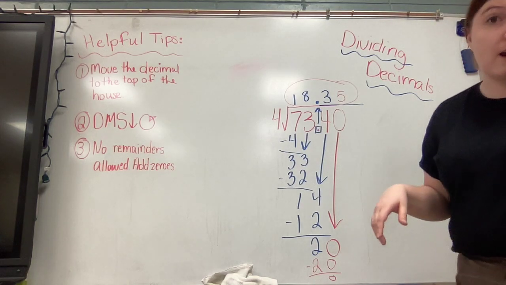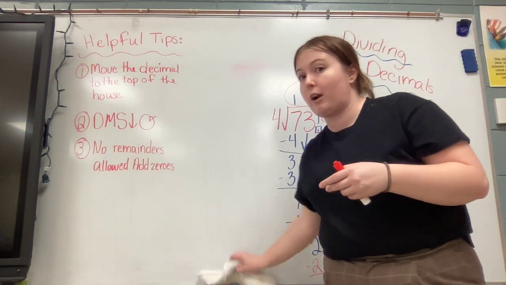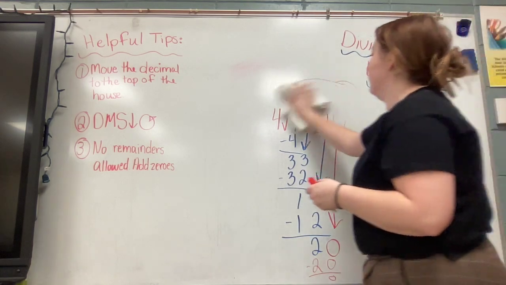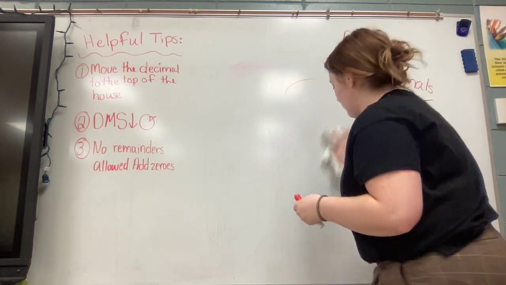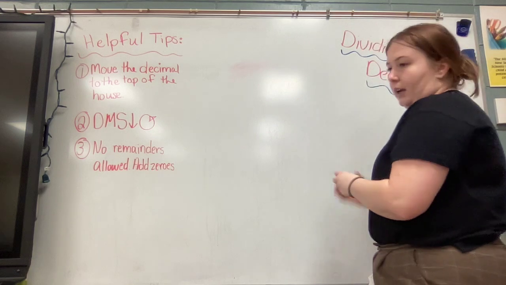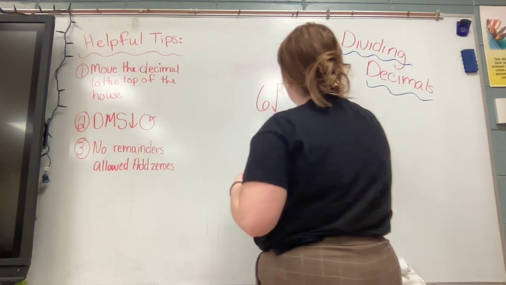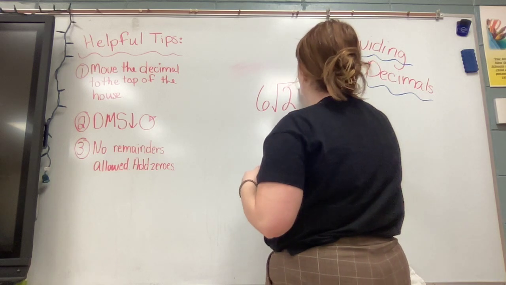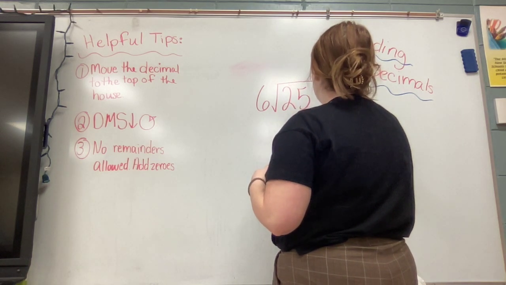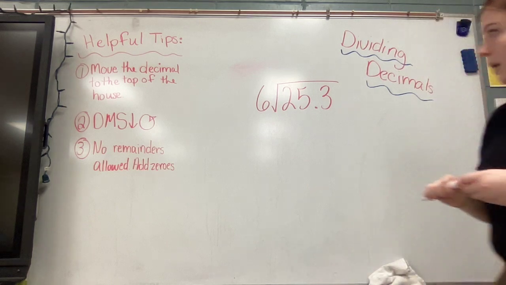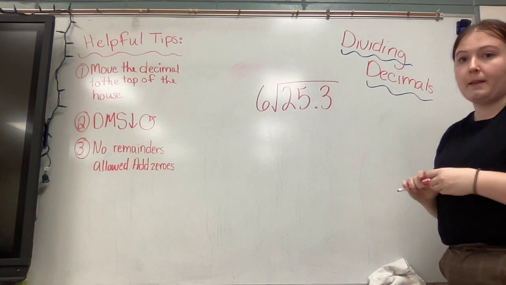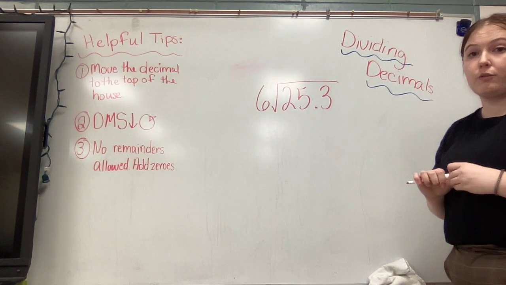Okay, now we're going to walk through a problem where we do it. So let's do the problem: 25.3 divided by 6. So I'm going to do the first step.